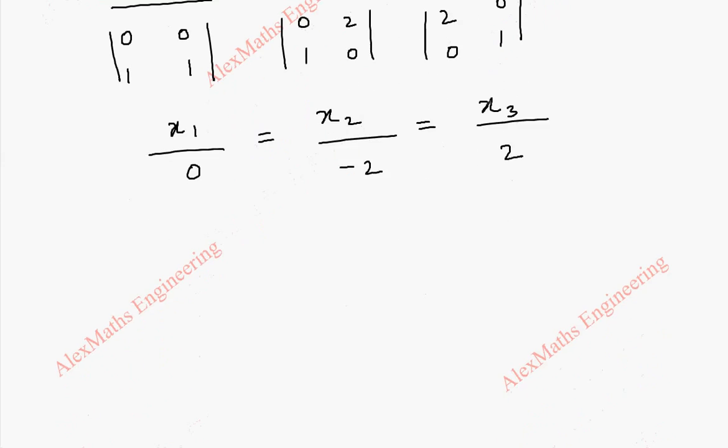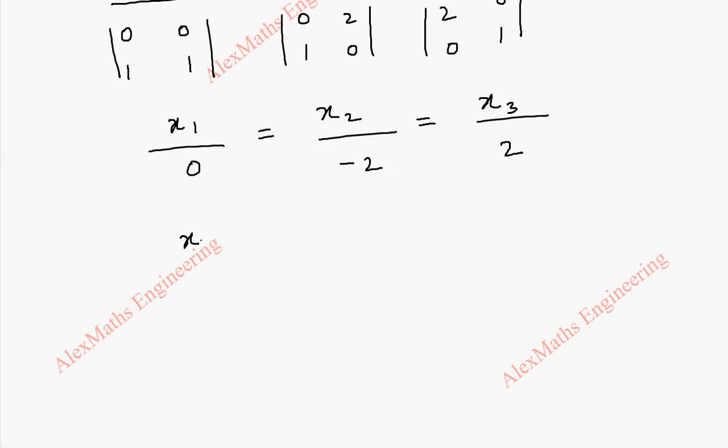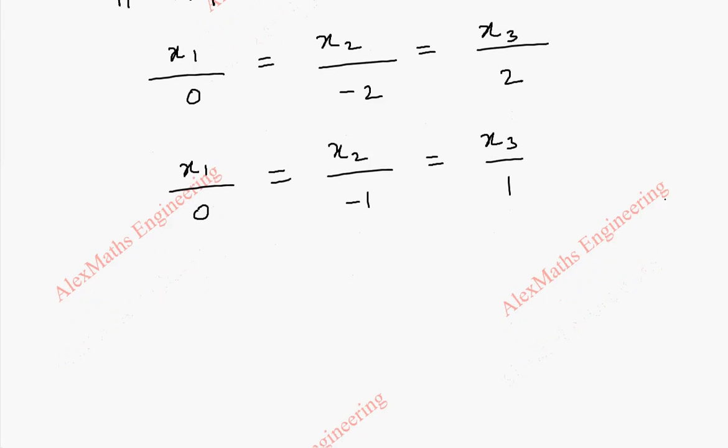So we take the simplest ratio: x1 is 0, x2 by minus 1 and x3 by 1. So the eigenvector, we take it as x1, which is 0, minus 1 and 1.